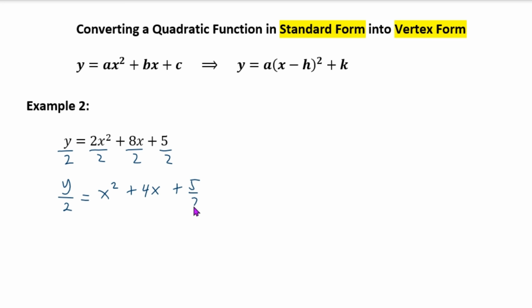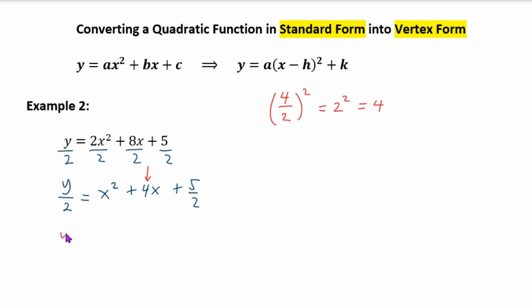Now we can complete the square. The linear term in the right hand side is 4x, so we take the numerical coefficient positive 4. You divide 4 by 2 and then square. This is equal to 2 squared, which is equal to 4. Now we will add and subtract 4 from the right hand side.